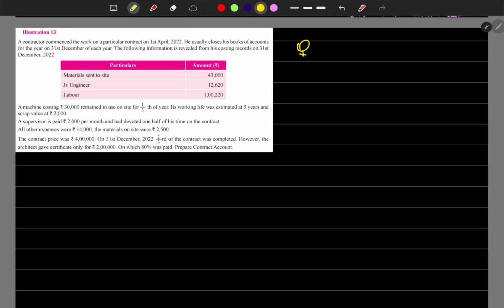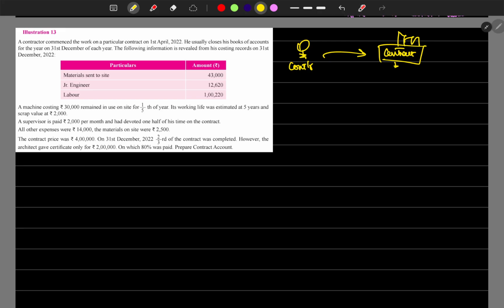A contractor commenced work on a building contract.